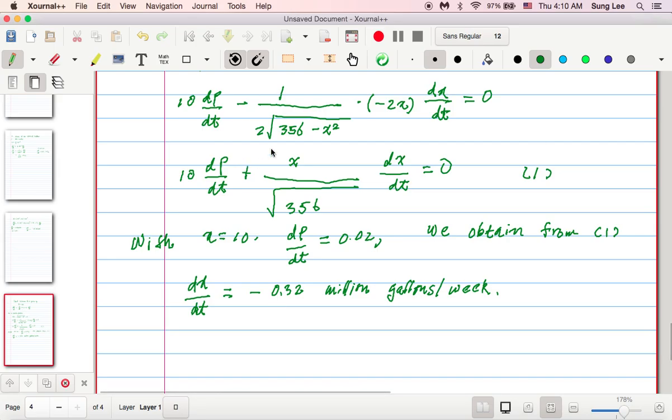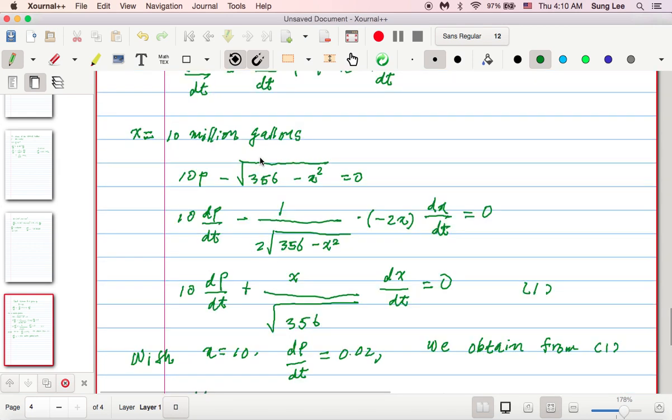Now I think we are ready to go on. One more thing: we don't know p when x equals 10, but that can be easily obtained from this equation here.